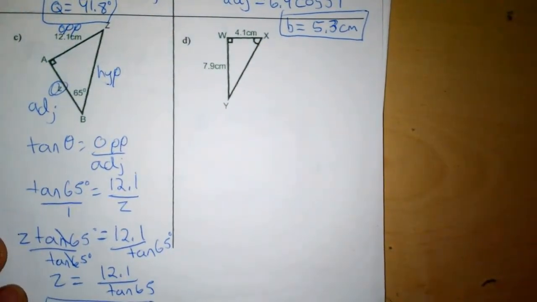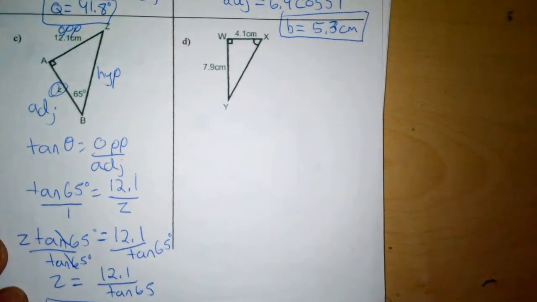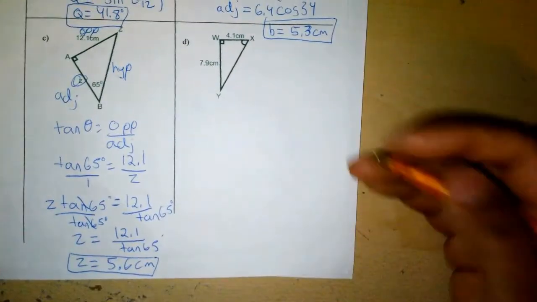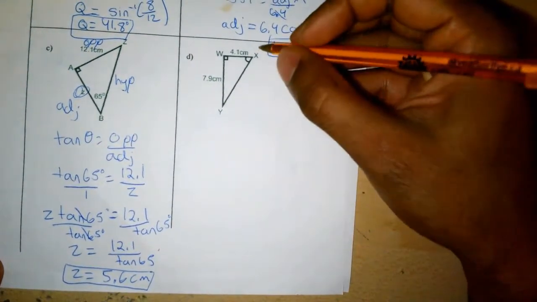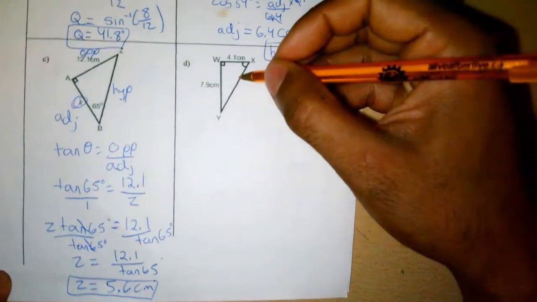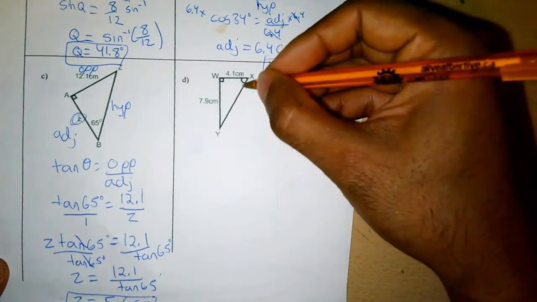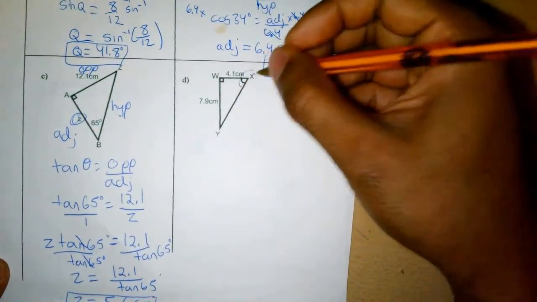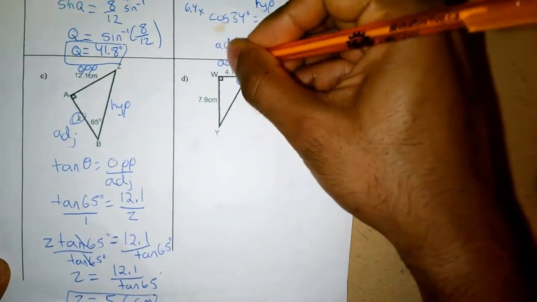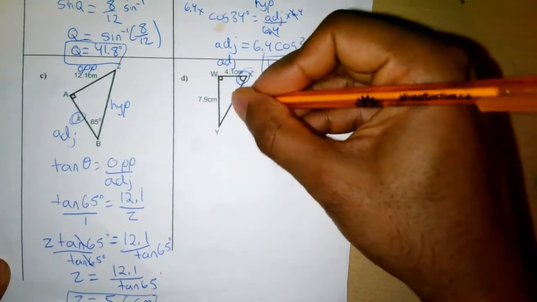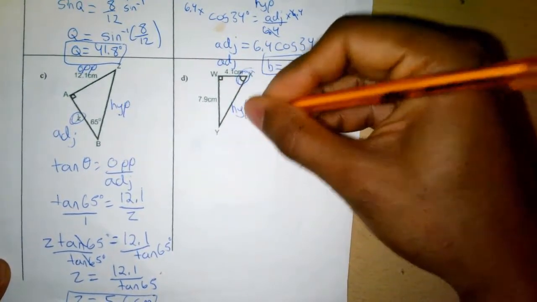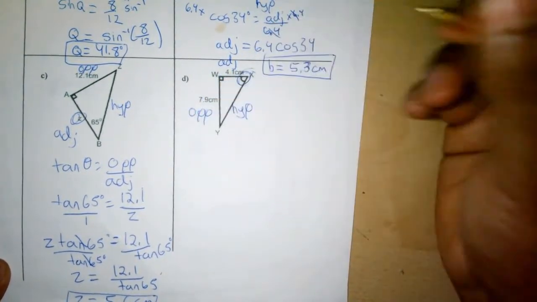Okay, part D is going to be the same sort of idea again. Doing this one a little more quickly. Let's label our triangle. From the reference angle X, it looks like we're looking for X. You know that this is going to be adjacent. Across from the right angle is the hypotenuse, and this has to be the opposite. So what do we have?